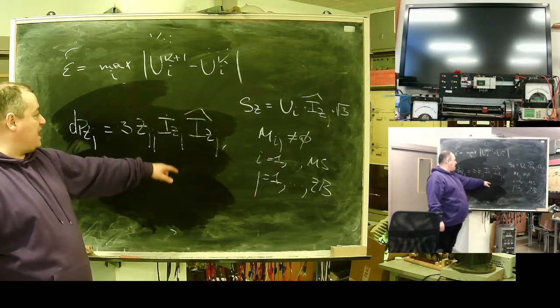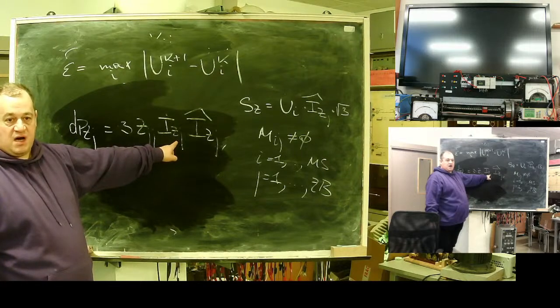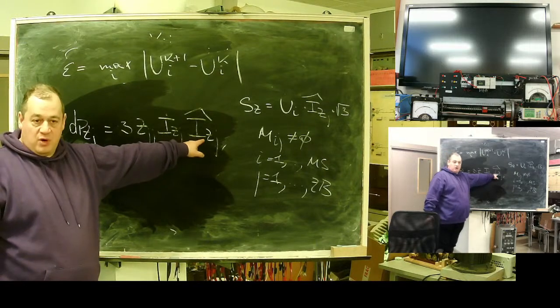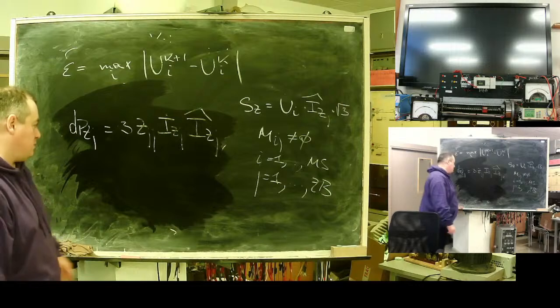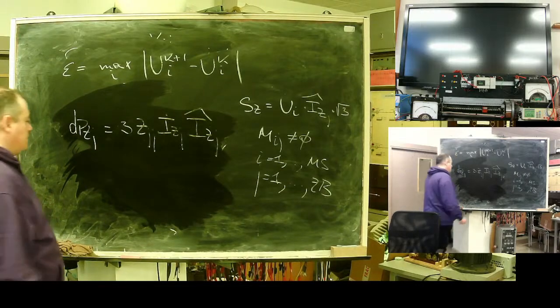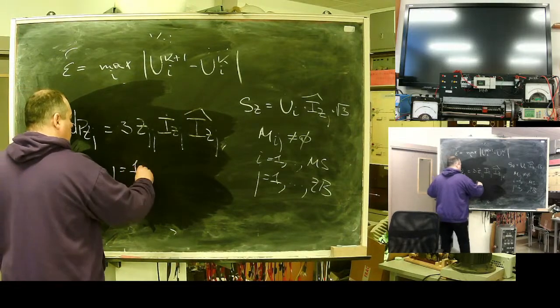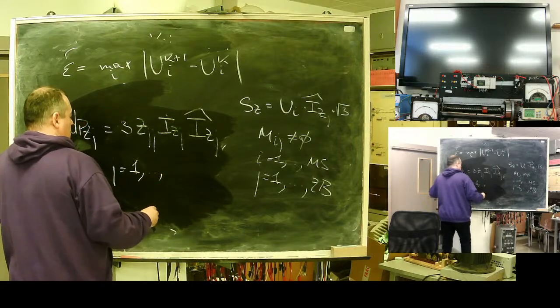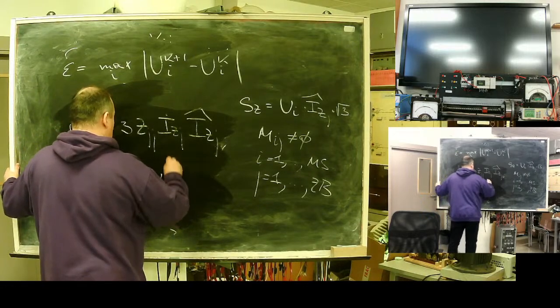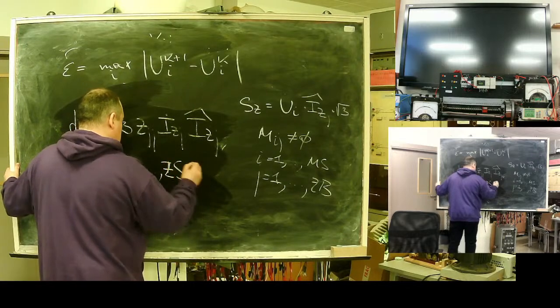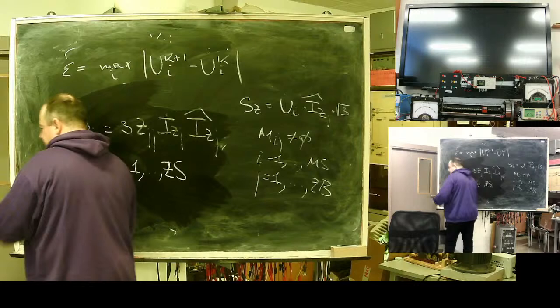Don't make a mistake, not a square of the current, but current multiplied by its conjugation. Sum from 1 to the number of branches, so it's a number of branches.